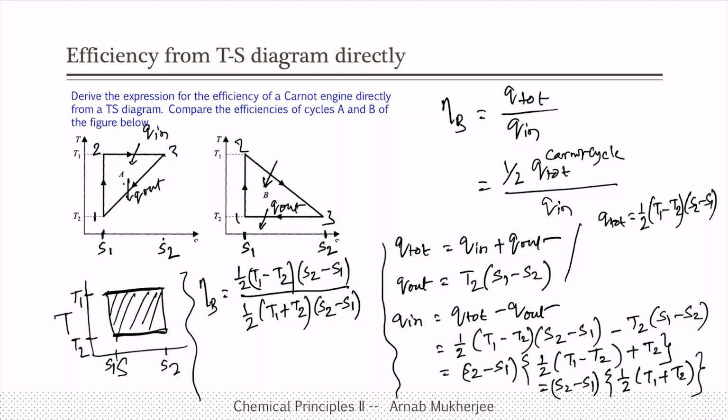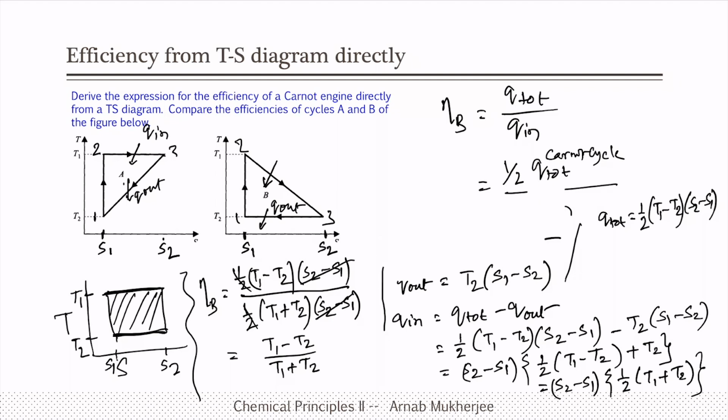S 2 minus S 1 cancels, half cancels, giving us T 1 minus T 2 by T 1 plus T 2. Now that we got Q in, we will write it the other way also.